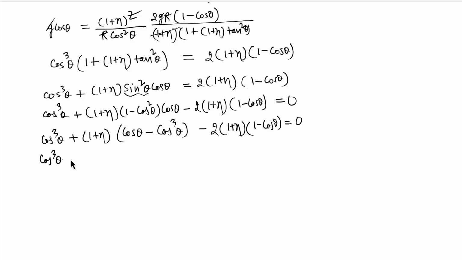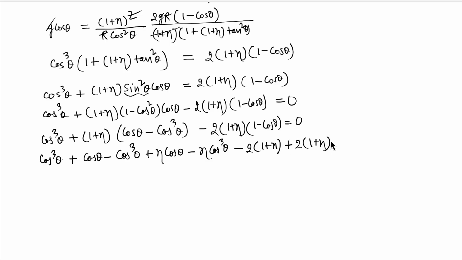Let's expand this. So cos theta minus cos cube theta plus eta cos theta minus eta cos cube theta minus 2(1 plus eta) plus 2(1 plus eta) cos theta equal to 0.